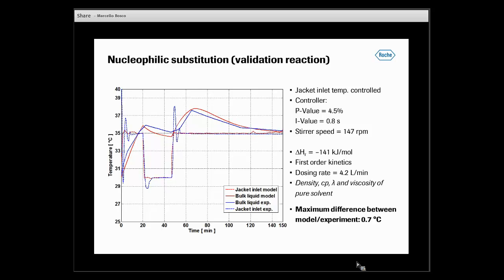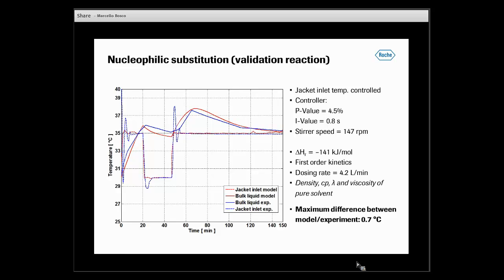We also see the bulk liquid temperature is going up, then we cool with the jacket, then the temperature in the bulk goes down. Again, when we raise our jacket temperature, we go up.